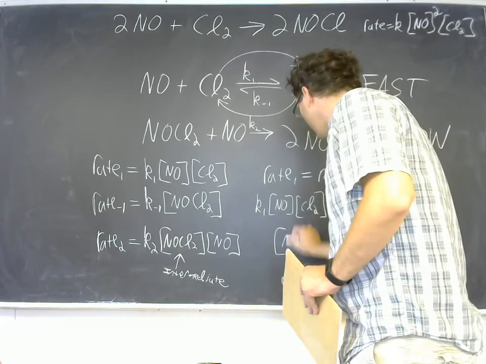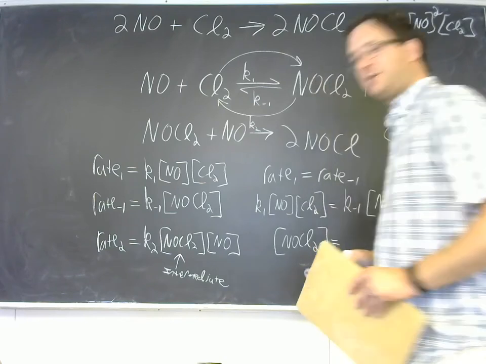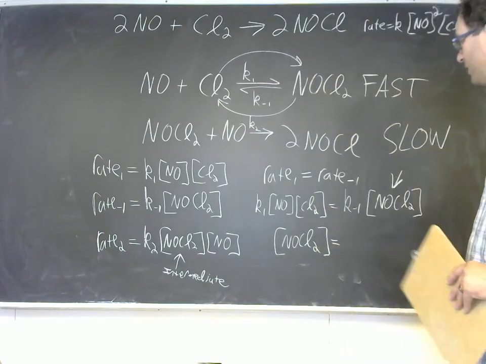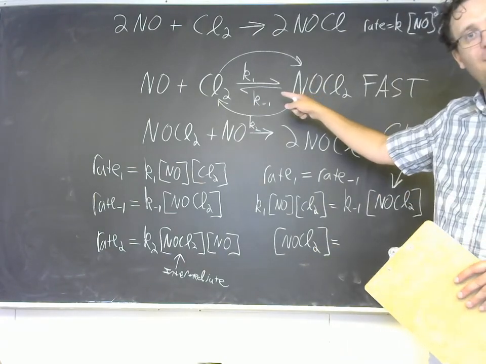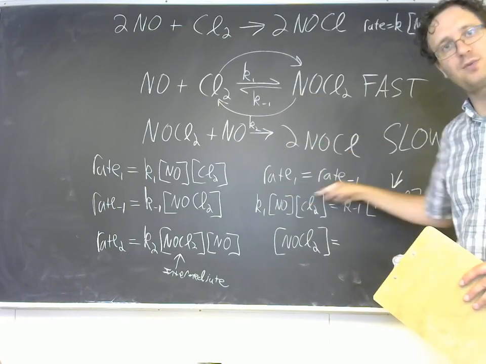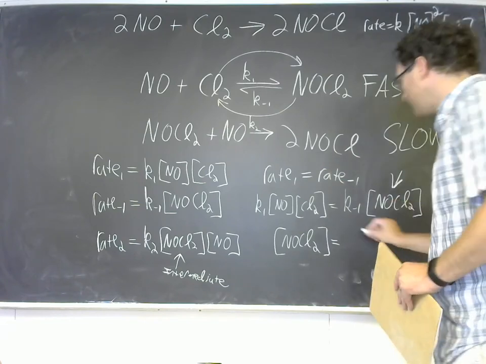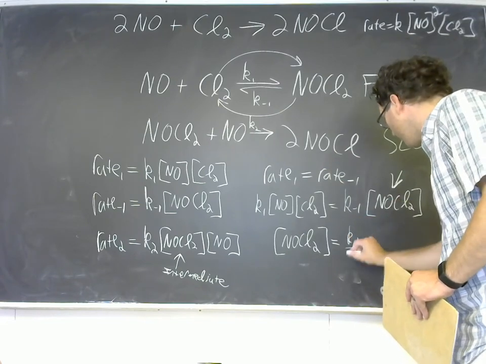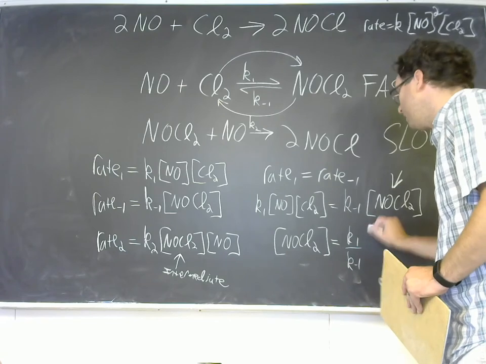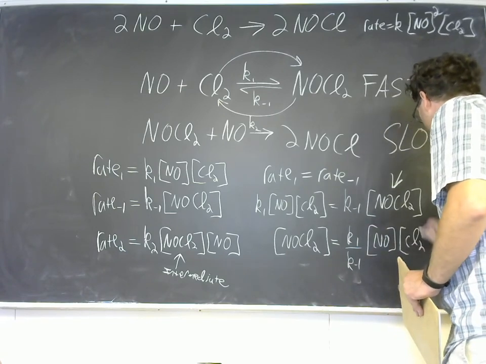We cannot experimentally observe the concentration of NOCl2, but thankfully, because of the definition of equilibrium, the fact that these rates must be equal to each other, we can calculate it. So NOCl2 is going to be k1 over k-1 times the concentration of NO times the concentration of Cl2.